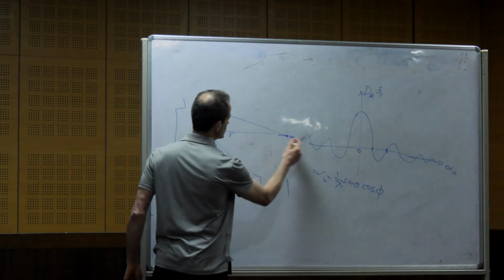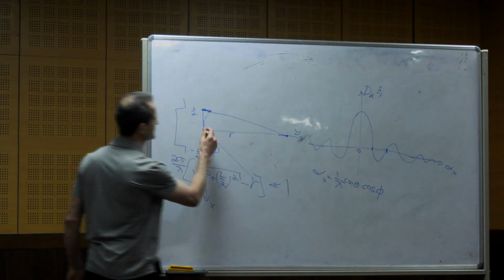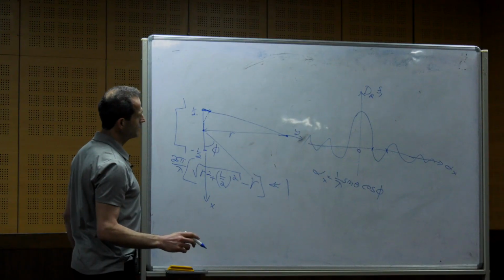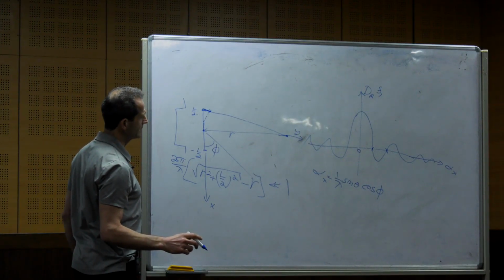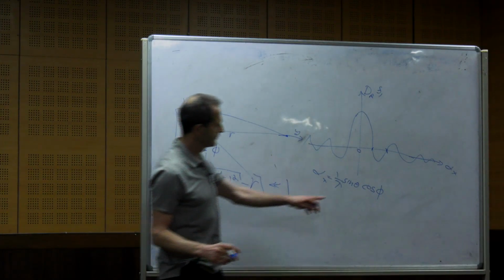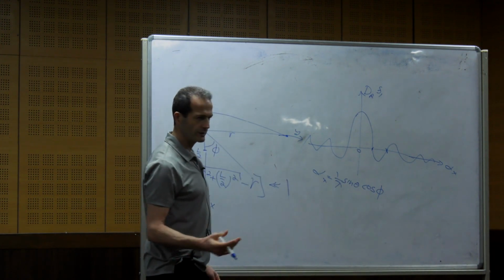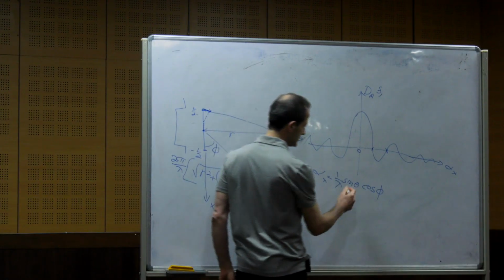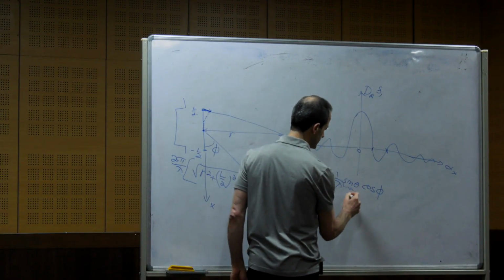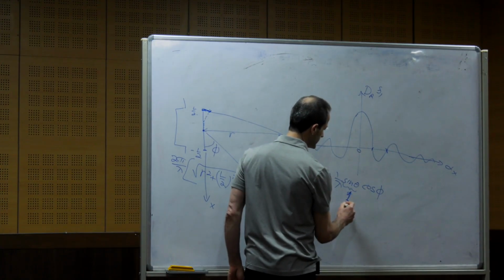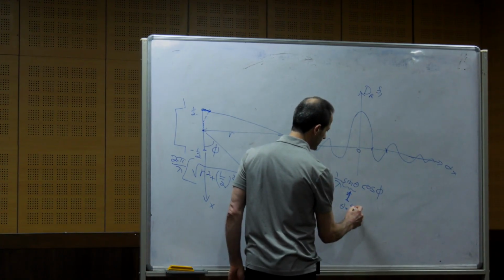And suppose this is y, the direction y, and z is perpendicular to this. Suppose that we say theta is 90 degrees, pi over 2. So this becomes 1. It becomes 1 for theta equals pi over 2.